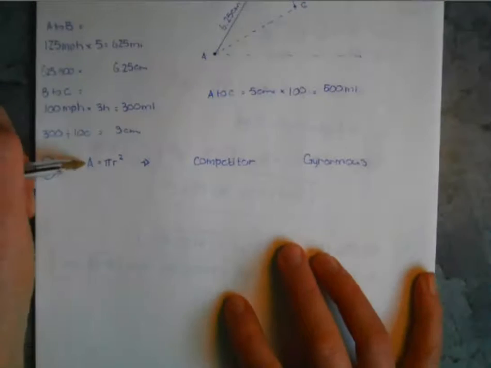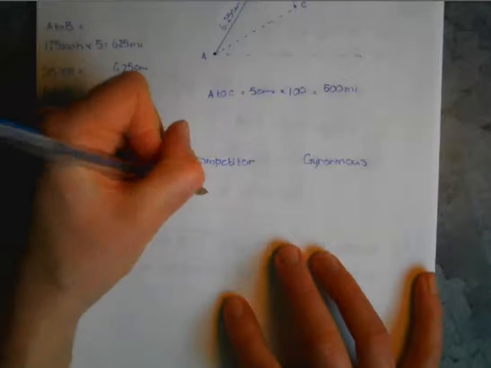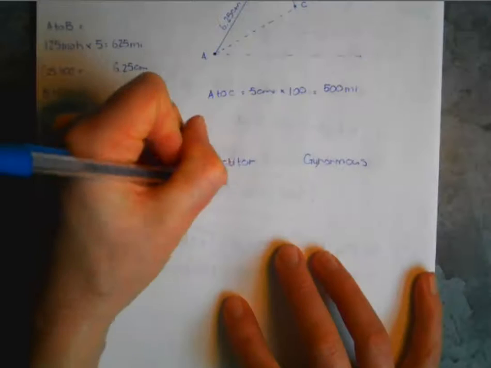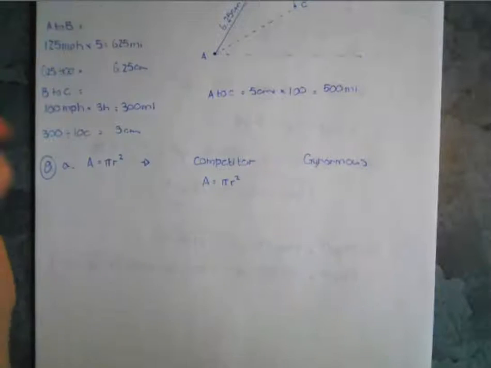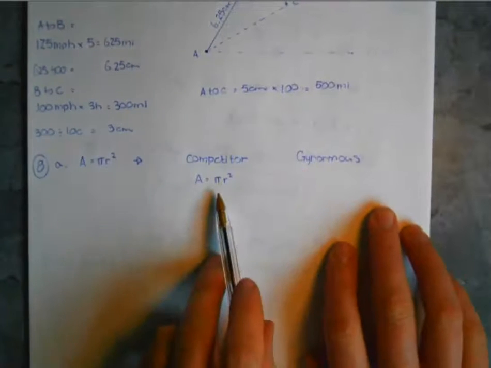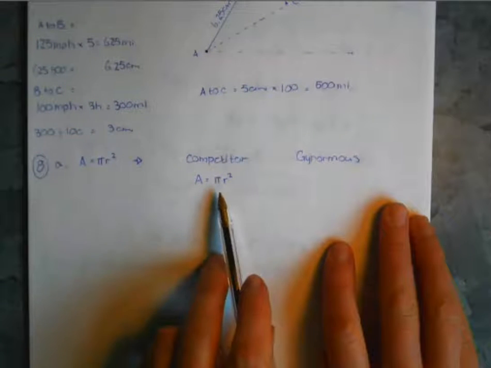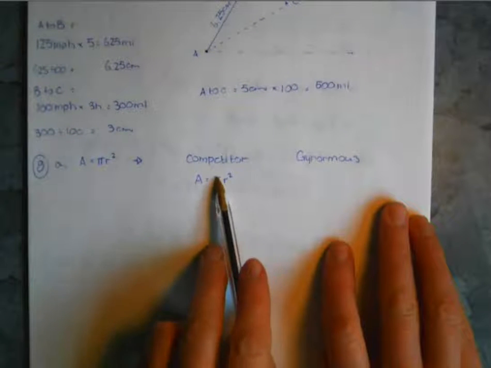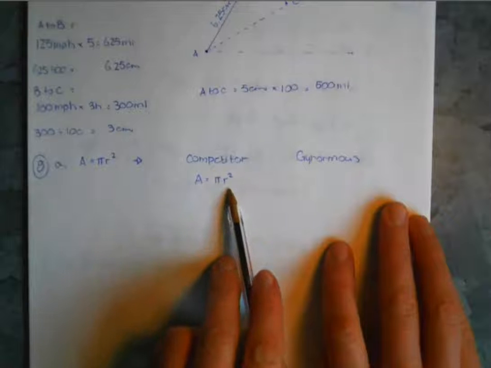With the competitor, they just have the original area equals pi r squared. Now with the ginormous one, what they're saying in part A is what if the diameter was 40% bigger, which would also mean that the radius is 40% bigger.